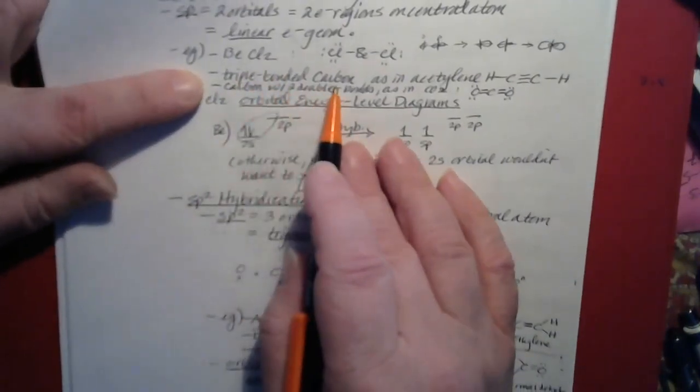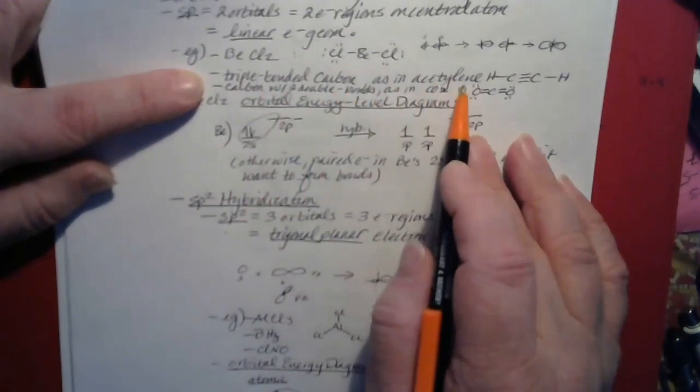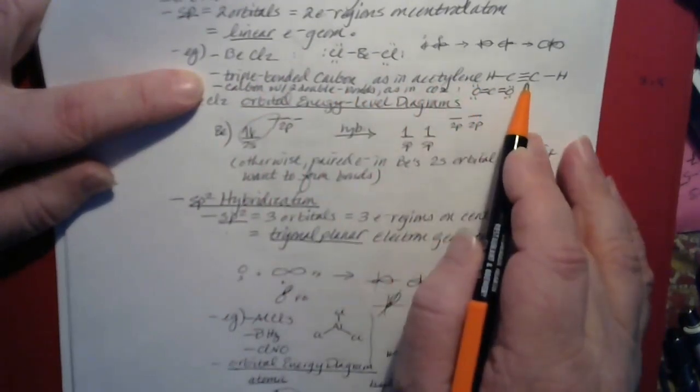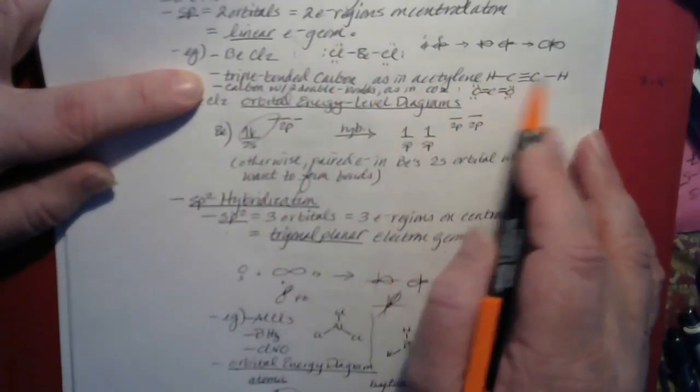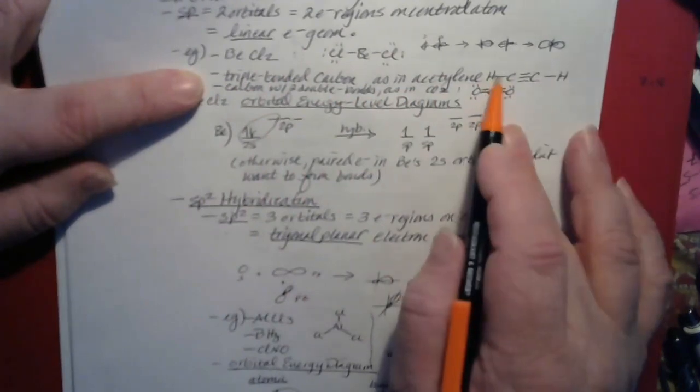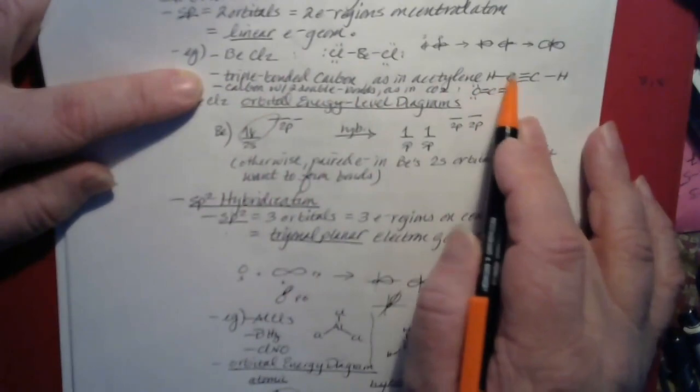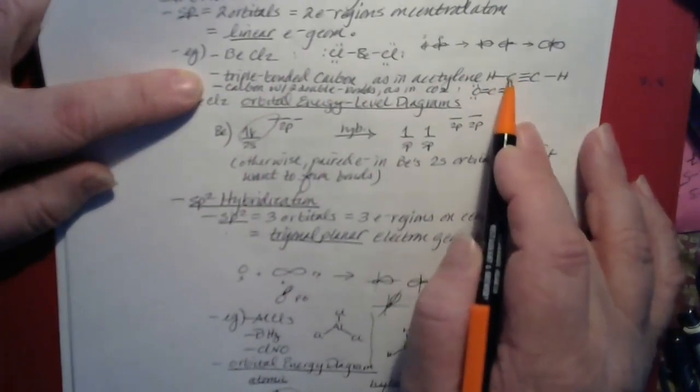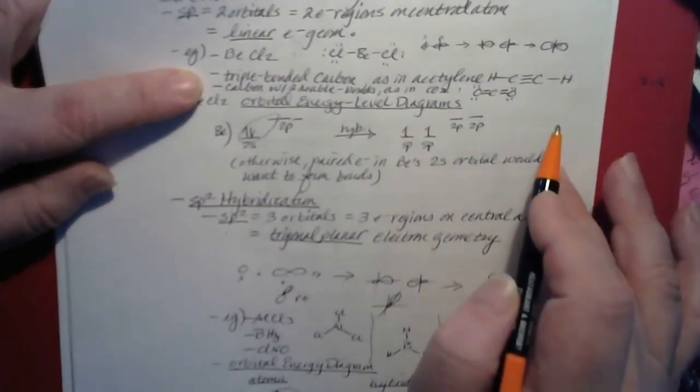Some other examples of sp hybridization would be any triple bonded carbon, like in acetylene. You've got a triple bonded carbon and a hydrogen that sticks out one end and a hydrogen that sticks directly out the other end. That is a linear arrangement. Each carbon in this molecule would be an sp hybrid.